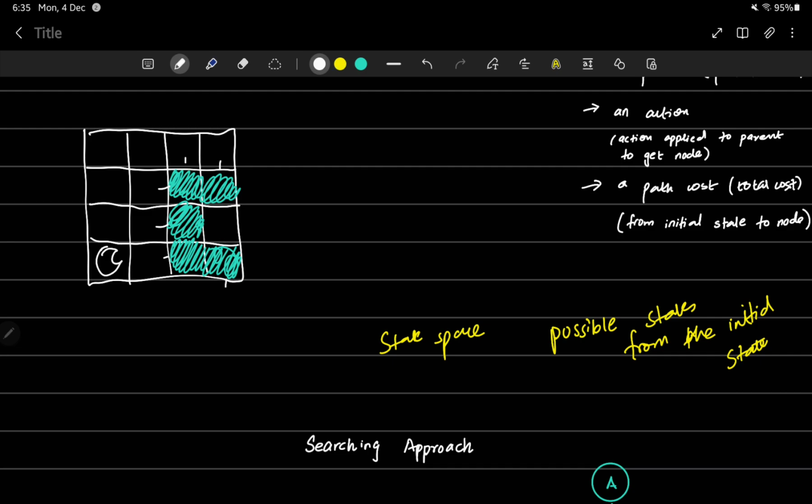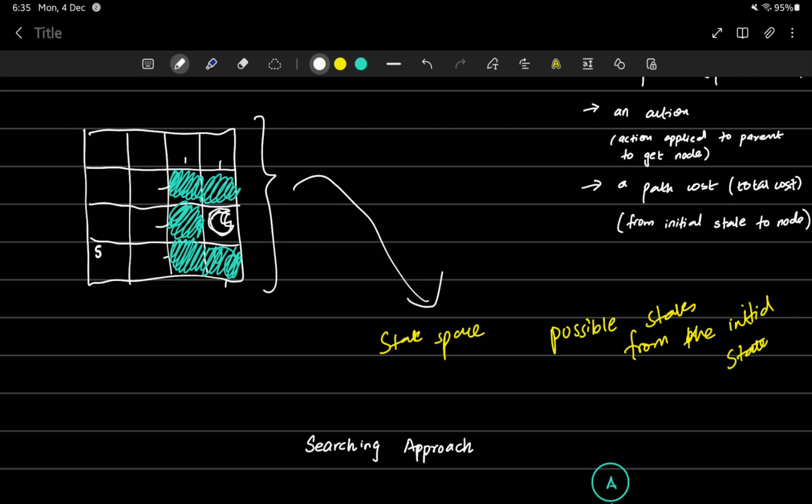So if I ask you that if my agent is here, and this was my initial state, this was my starting state, right? And now my agent is here, will this specific state be included in the state space? The answer is no, because this is not possible.